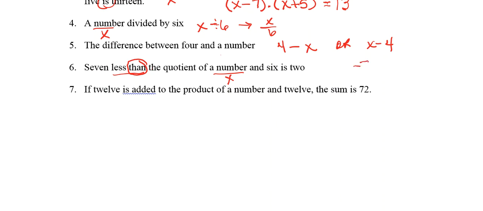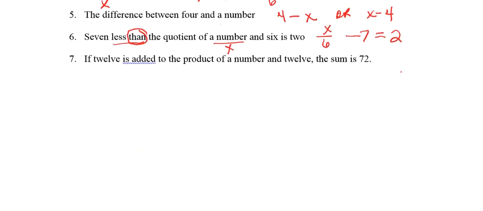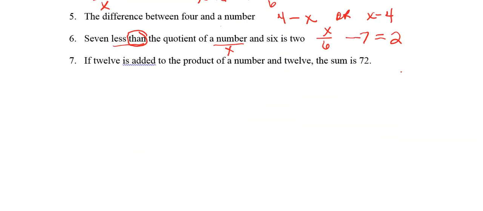So we're actually subtracting 7. We're doing the quotient, which is division, of a number and 6. So a number and 6 minus 7 is 2. So I have those a little bit spread apart, but that is the answer. I was just making sure quotient was on our list.